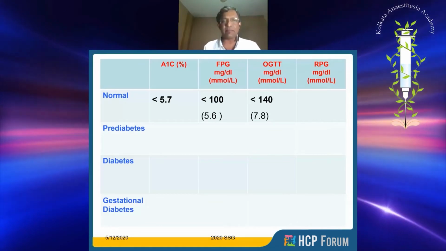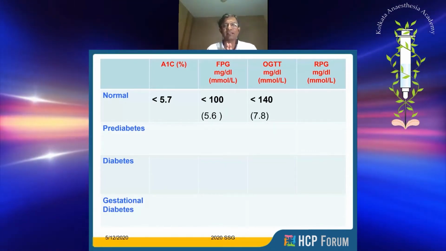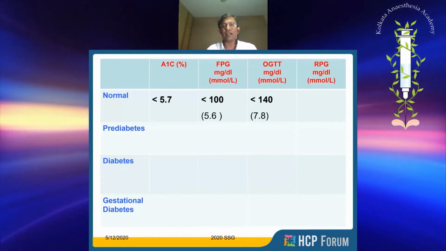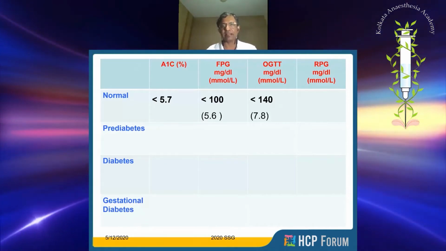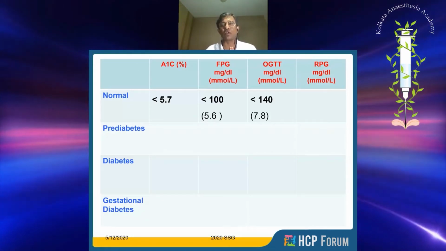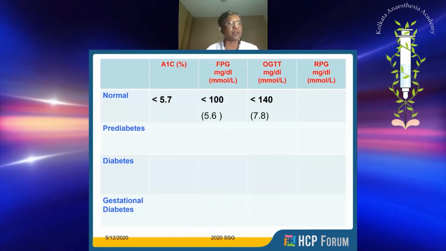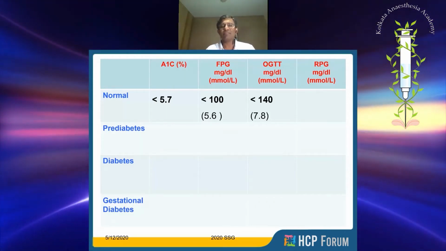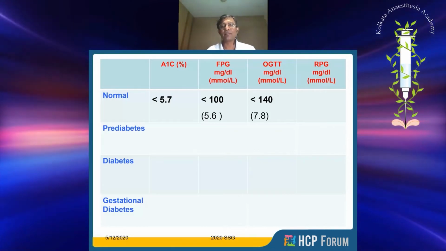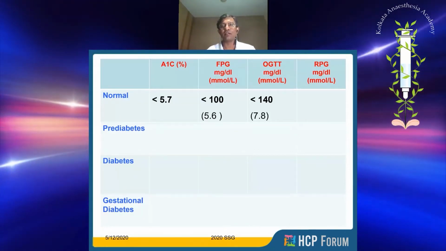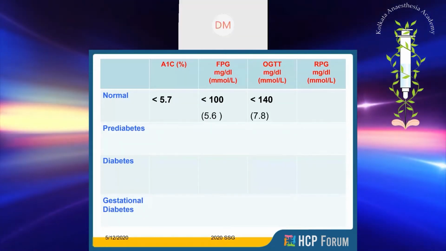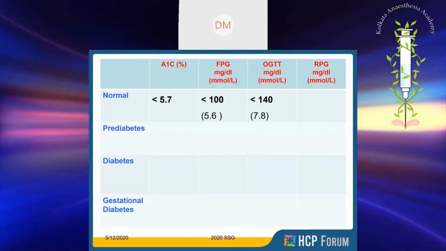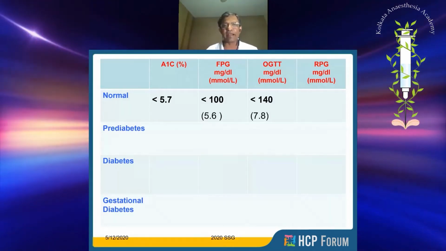Normal as per them is when glycosylated hemoglobin is less than 5.7 with a fasting of less than 100, and an oral glucose tolerance test which is less than 140 milligram per deciliter. Now you said 126, sir. 126, so this is ADA, this is not me. Your 126 is from what data?